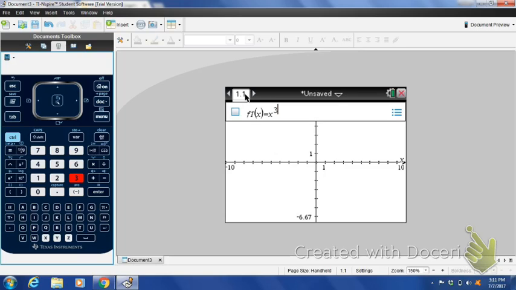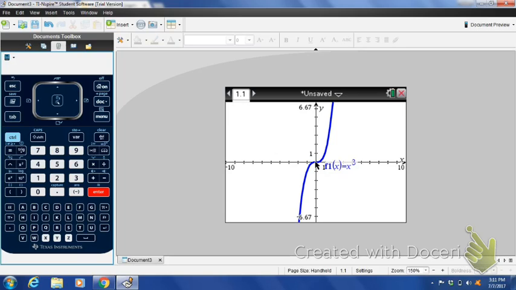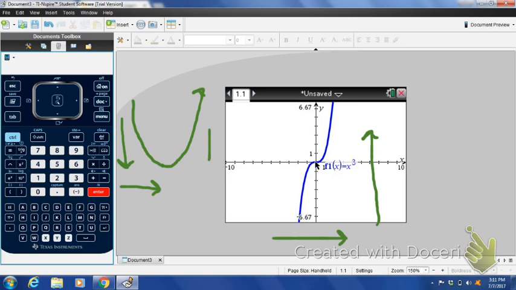And if we look now, it is constantly increasing, meaning when you look at this function, as the x values approach infinity, the y values are approaching infinity, as opposed to the parabola, which was decreasing at first as x was approaching 0, and then increasing as x was approaching infinity.